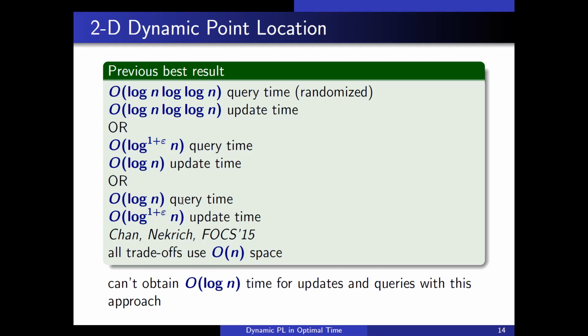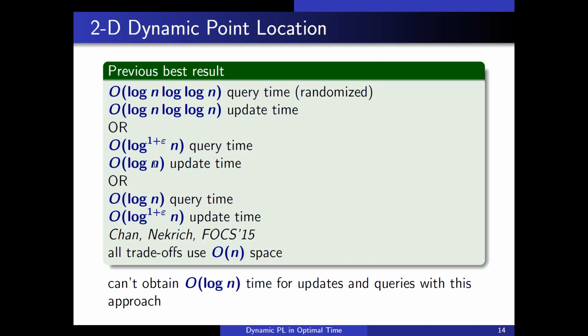So those trade-offs are relatively efficient. But unfortunately, the same approach cannot lead us to logarithmic time for updates and queries at the same time. At least it appears to be not possible. And the reason is that if the number of colors associated to every node is constant, then the update time has to be log^(1+epsilon) n.